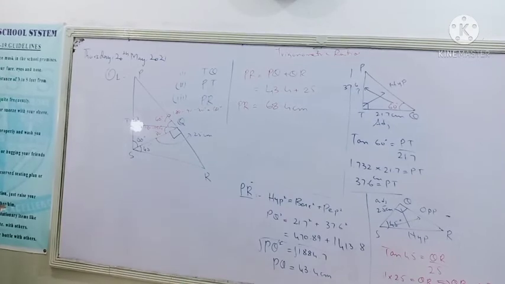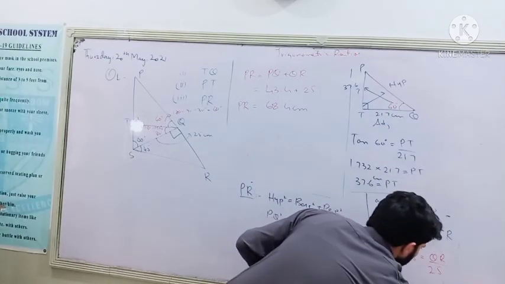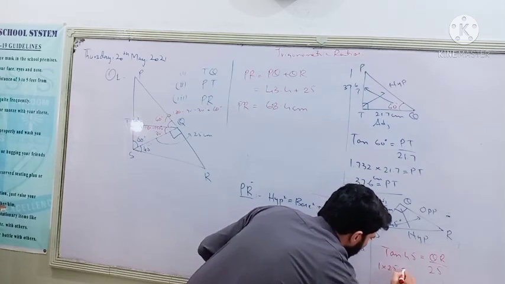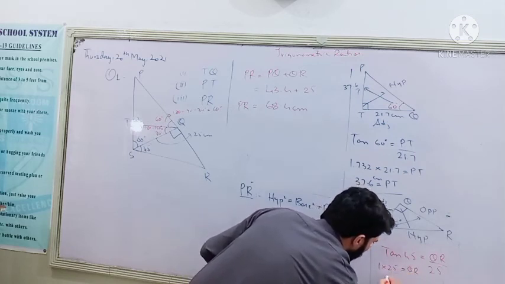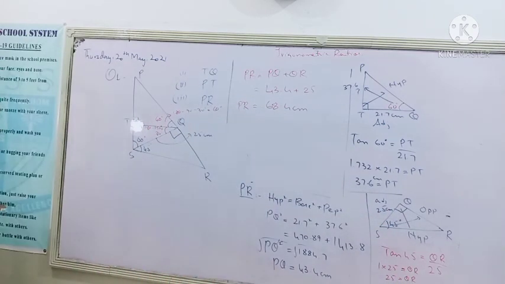Right? QR is 25. So move towards the second question.